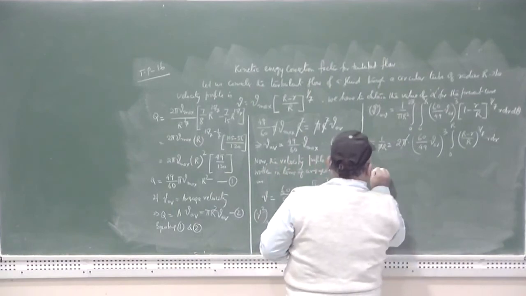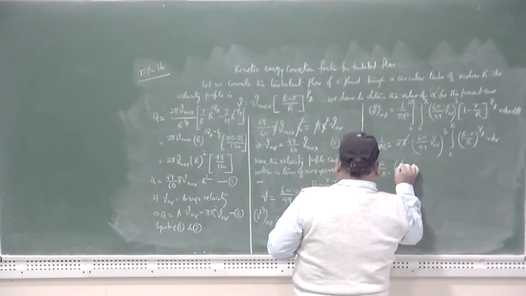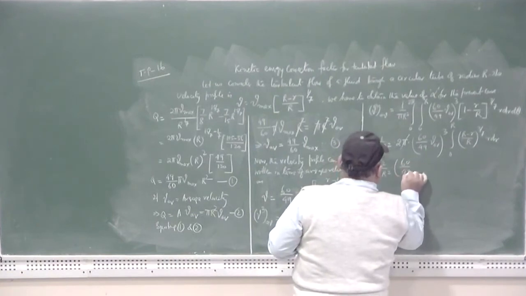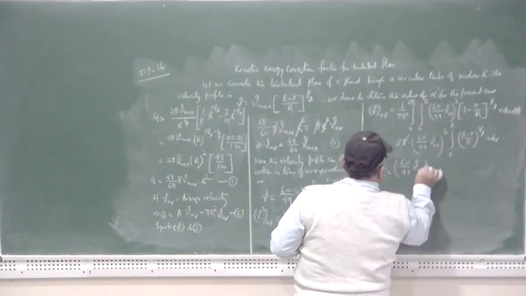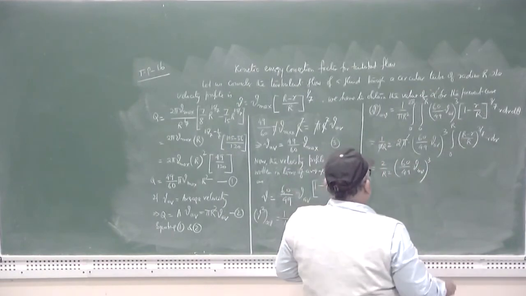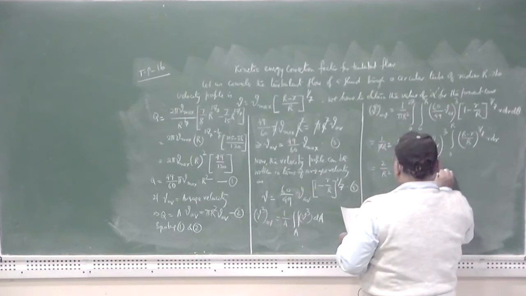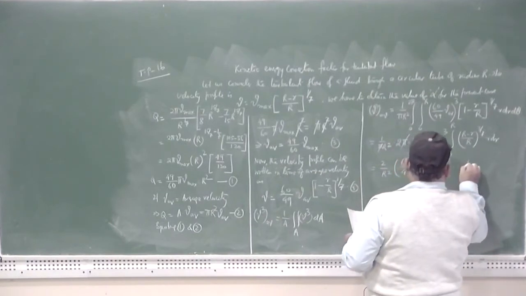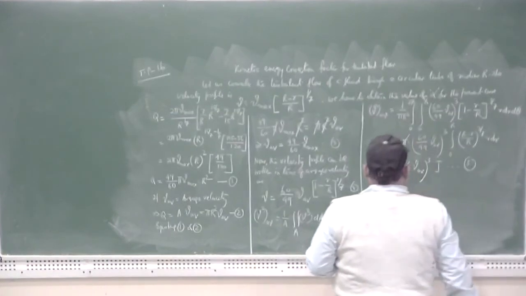That will be equal to 2 upon R square into 60 by 49 V average whole cube into the integration. Let it be question number 5.